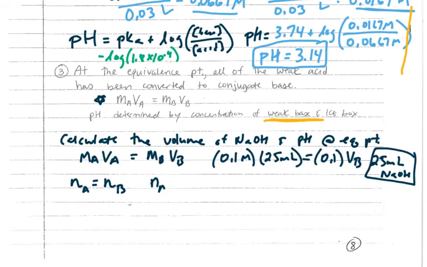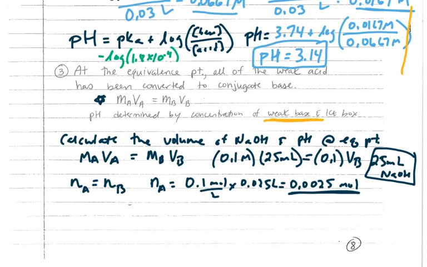The moles of acid, we have 0.1 moles per liter times 0.025 liters. And as we've seen before, that means that we have 0.0025 moles. So at the equivalence point, we have 0.0025 moles of each, the acid and the base that we've added.